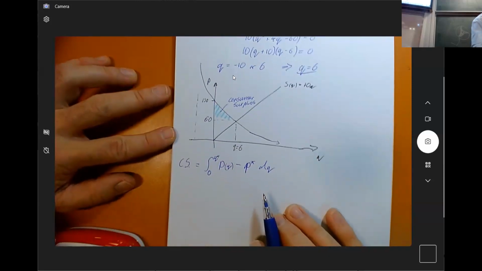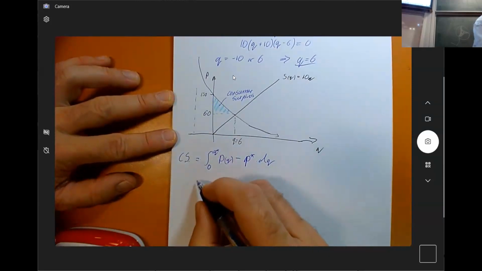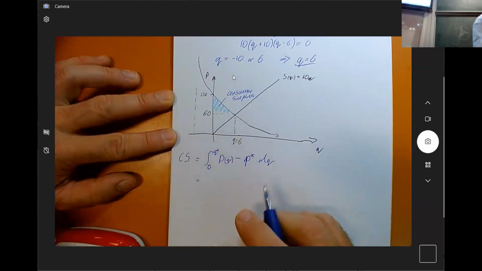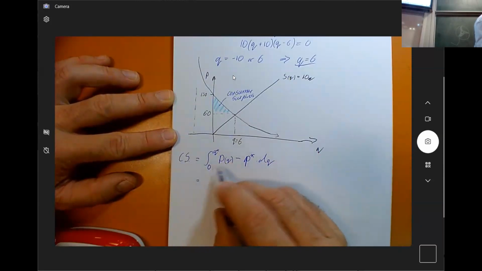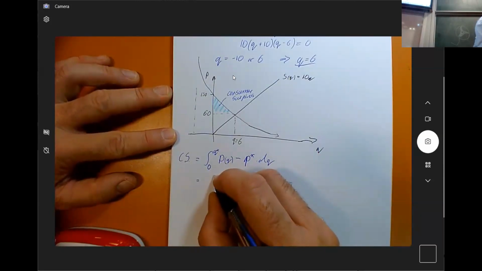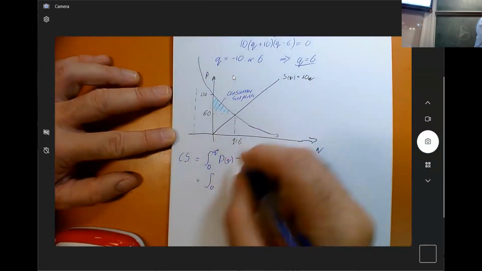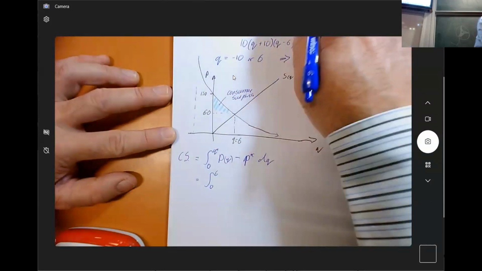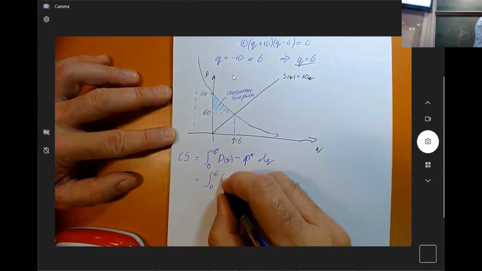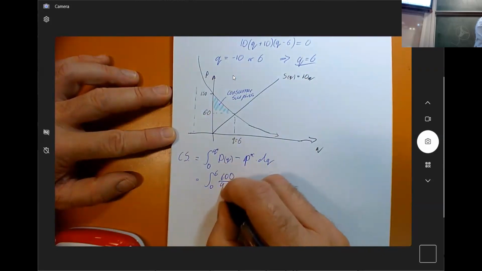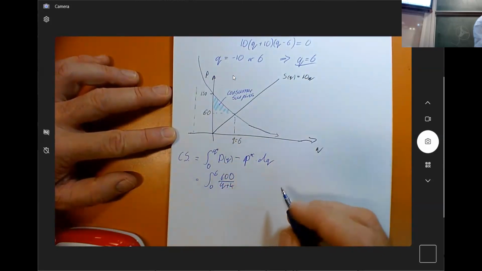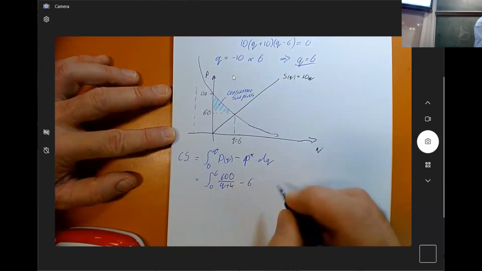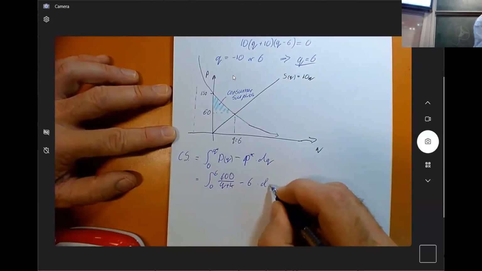Let's just go through and do this. Let's put in the numbers. So 0 to 6, this is my demand function, so 600 on Q plus 4, minus 6 dq.